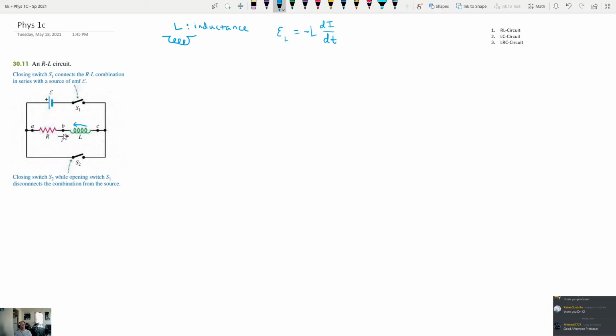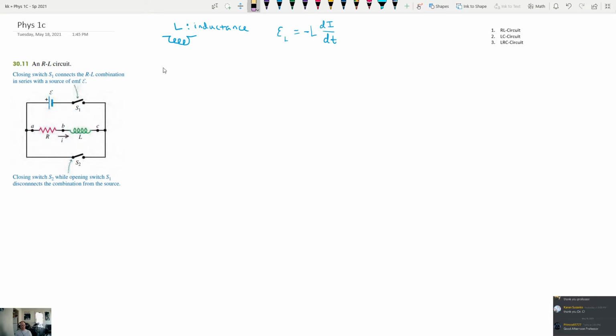That makes it so the current can't instantly reach its maximum, but after some amount of time that back EMF dies down, because when you get a constant current, the inductor doesn't really do anything. When the current is constant, the inductor has had its magnetic field reach maximum, and it's basically just holding energy in its magnetic field.